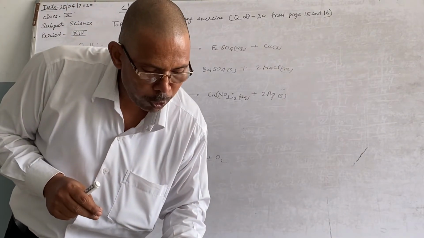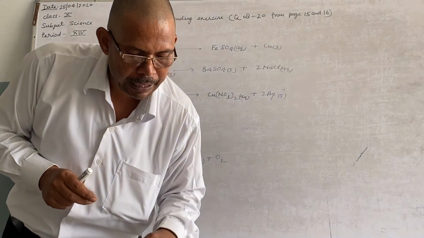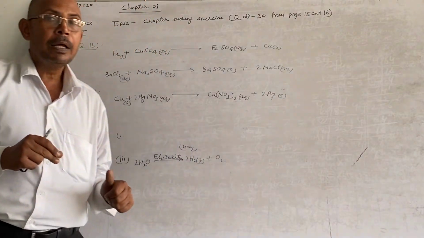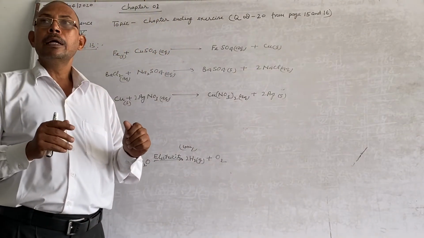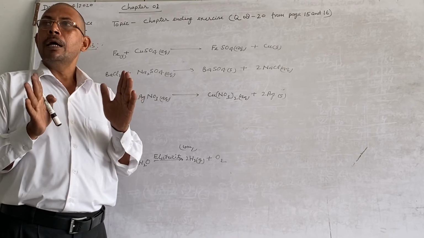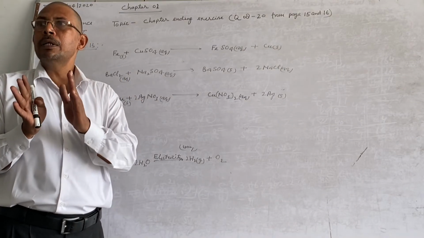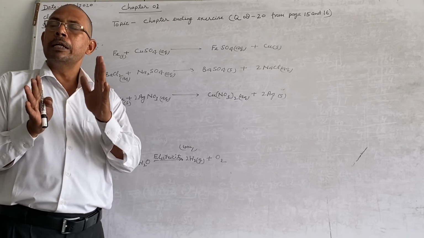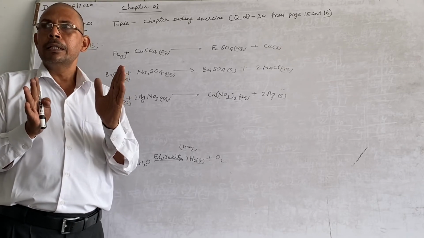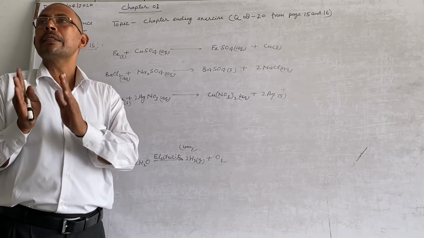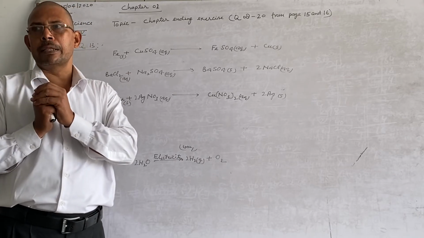Question number 15. What do you mean by a precipitation reaction? Explain by giving examples. When an insoluble substance is formed during a double displacement reaction, then this reaction is called a precipitation reaction.